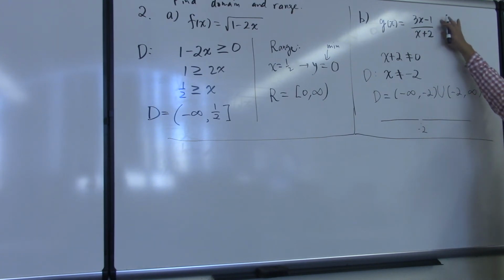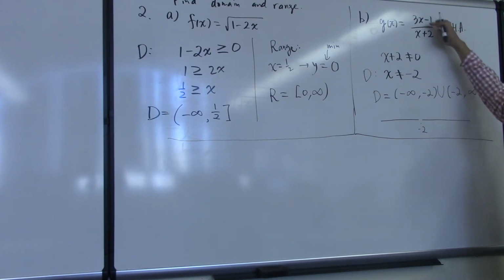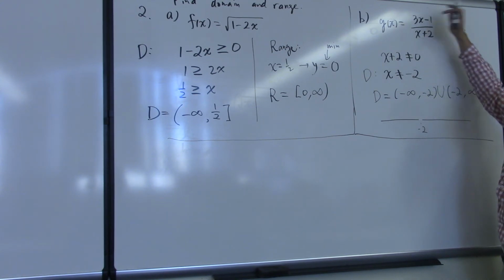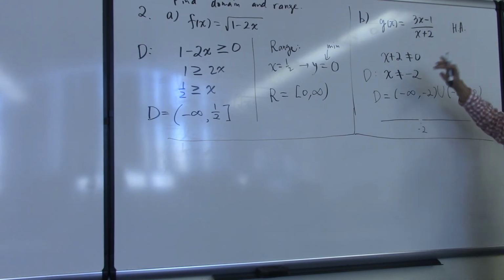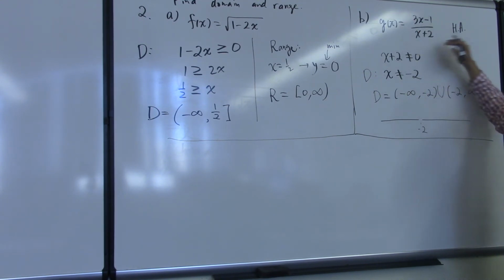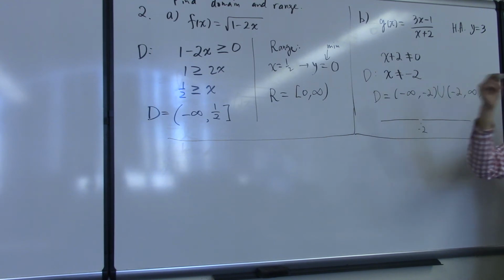For the horizontal asymptote, you take the ratio between the coefficients of x. If they have the same power, this is x to the first power, x to the first power, right? In that case, the ratio of the coefficients of the highest orders becomes the horizontal asymptote, which in this case is y equal to 3. So you get y equal to 3 as a horizontal line, and that should be drawn as a dotted line when you draw this graph, okay?